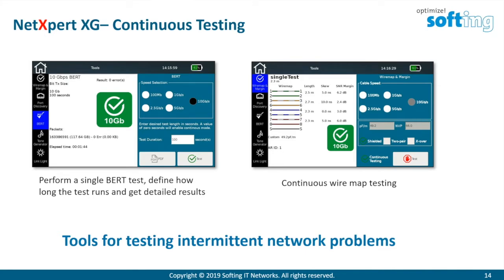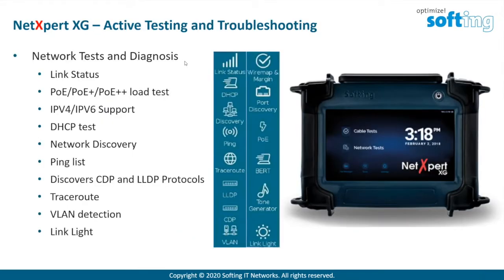So we also have some really handy test modes in the XG for doing continuous testing of the cable, both bit error rates and also wire maps. This makes it easy to set it up and let it run for some period of time, and then go back and see if there were problems and detect the intermittent issues that way.